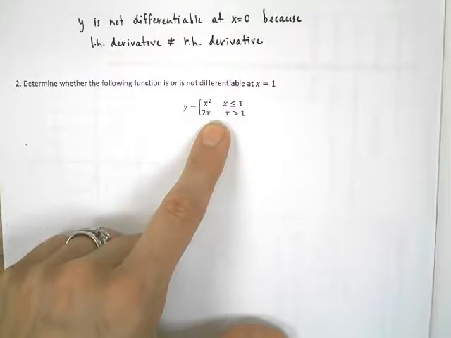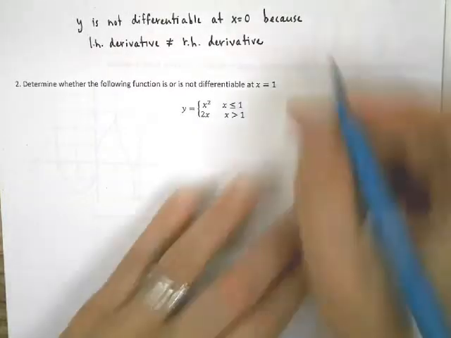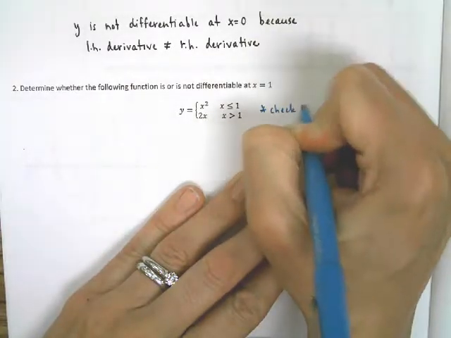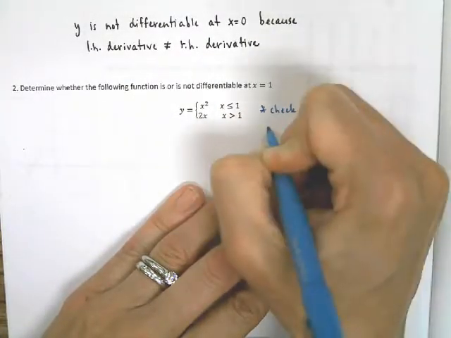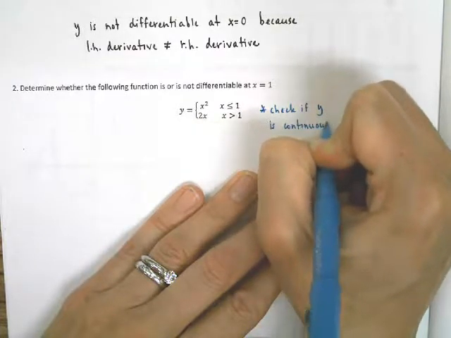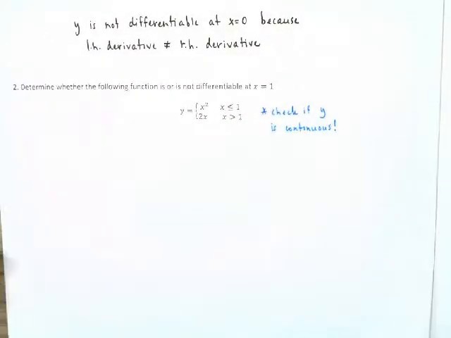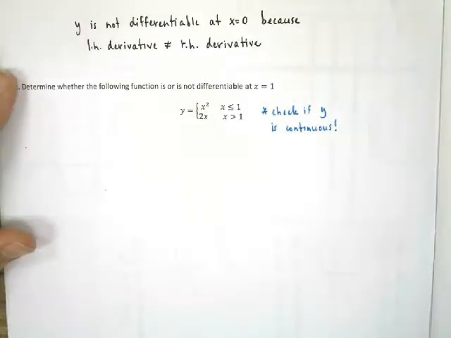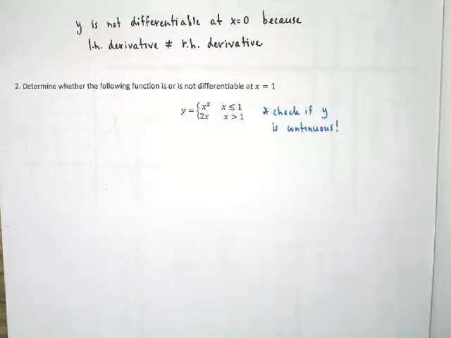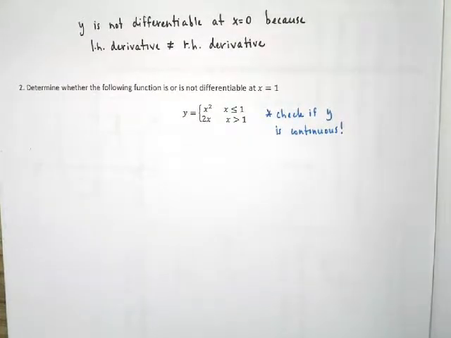So actually the first thing I need to check with a piecewise function is whether you're continuous. Because if it's not continuous, it's not going to be differentiable. Now it happens that the first one is continuous, so we're okay there. But we need to go ahead and check that first.